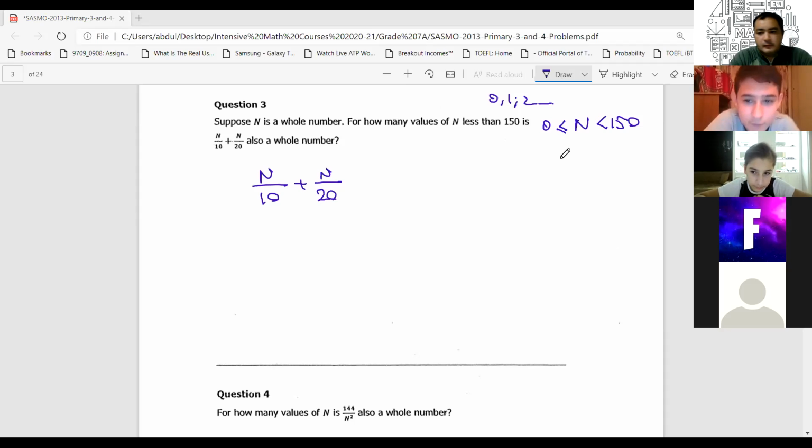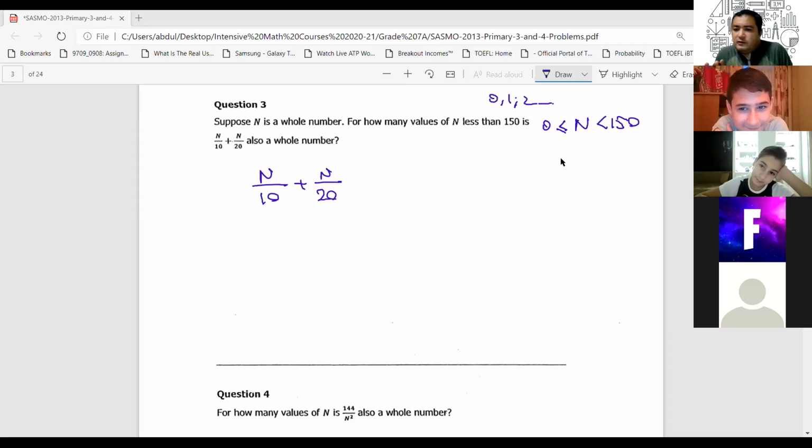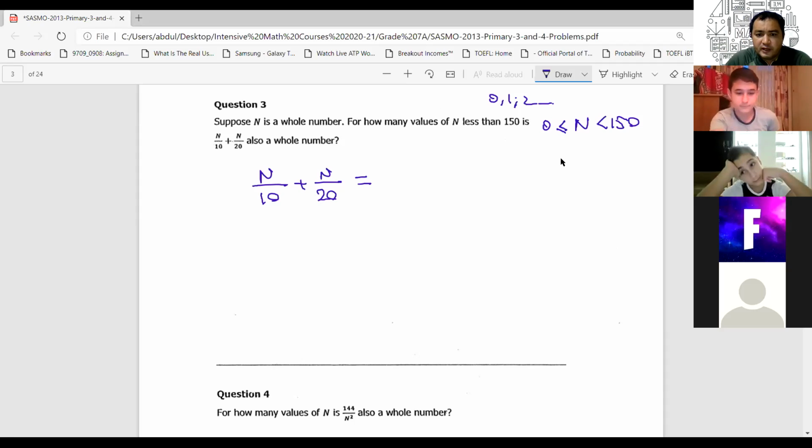It's not difficult, but it's tricky. It's not a standard question, and even by just formula, you can solve this. First we should simplify. The common denominator is 20, so here I have 2n plus n over 20, which is 3n over 20.